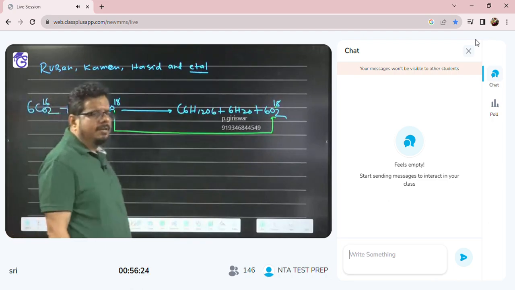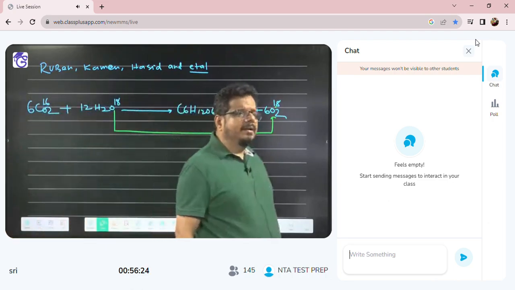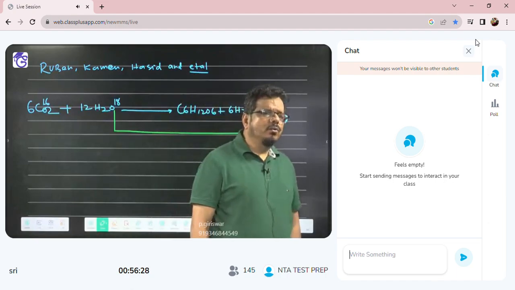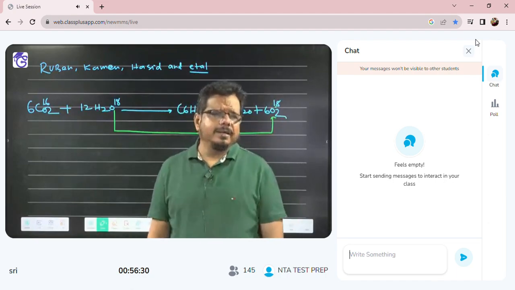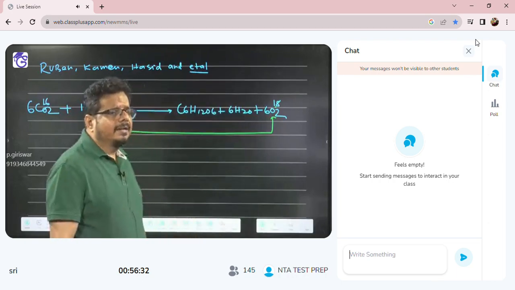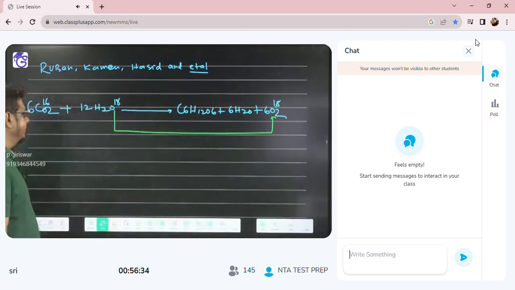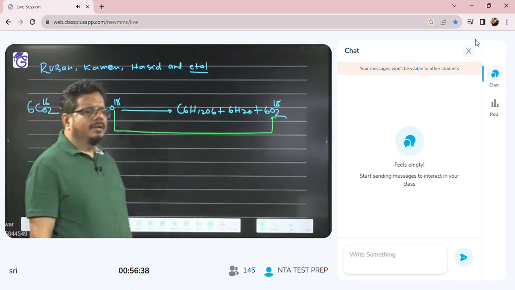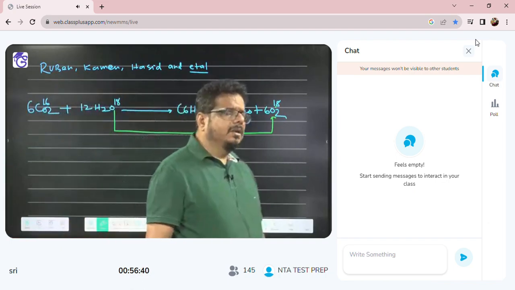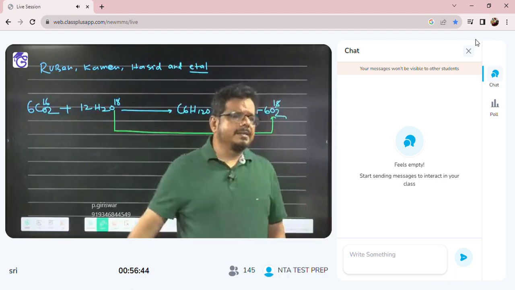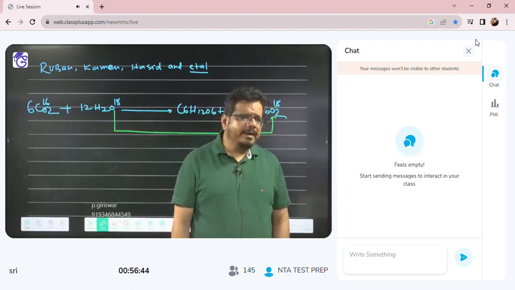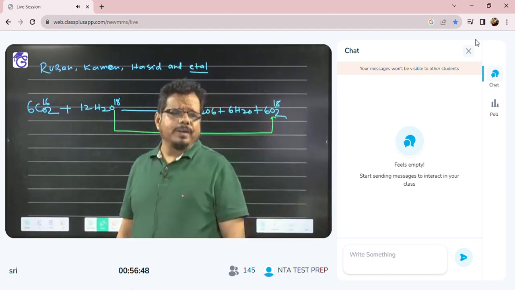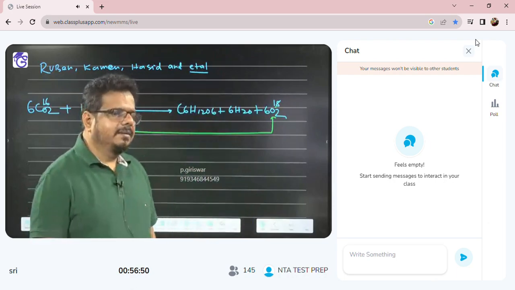Photolysis of water. That is finally proved by the experiment of Reuben, Kamen, Hassid and their co-workers, using O18 as a radioisotope. Got the idea? And for this discovery, he got the Nobel Prize also. So experimental verification of Van Niel's finding is given by Reuben, Kamen and Hassid.